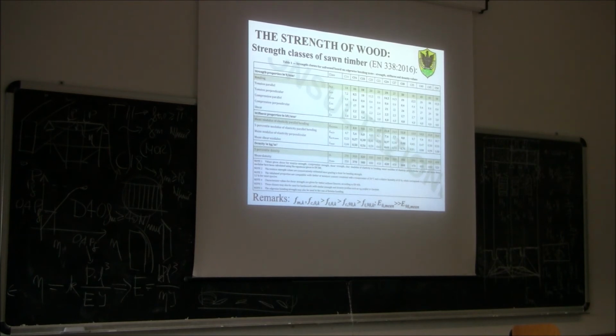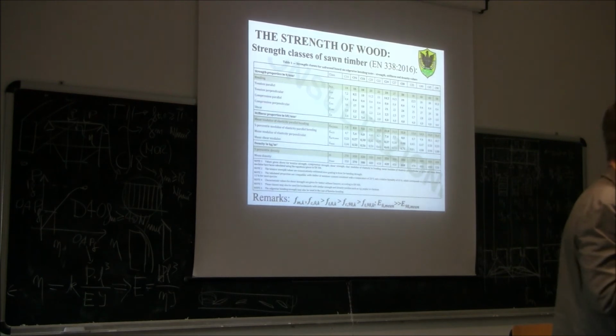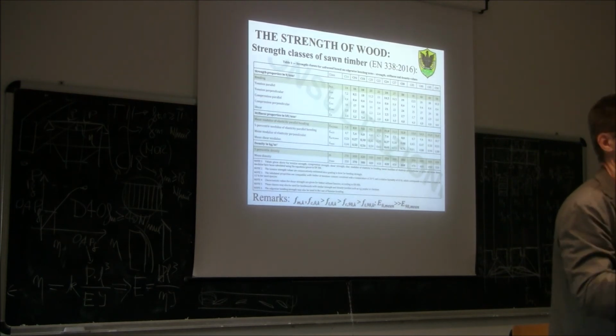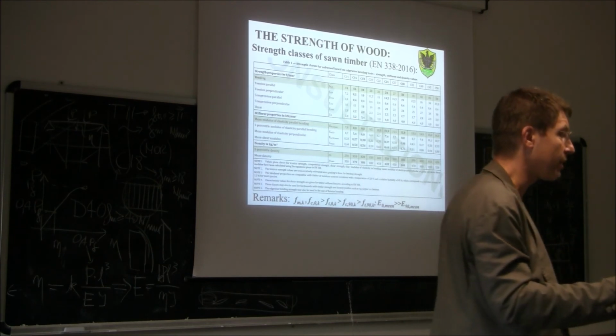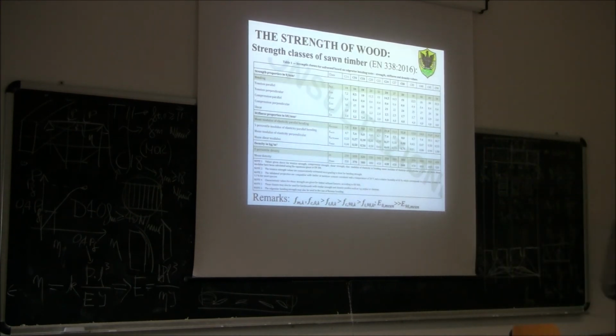We asked you, what do we need the modulus of elasticity for? Not the ultimate. This was one possibility. But then some of you said that modulus of elasticity is also needed for something else, not only for the deflection. Can you remember who was the person who said this?